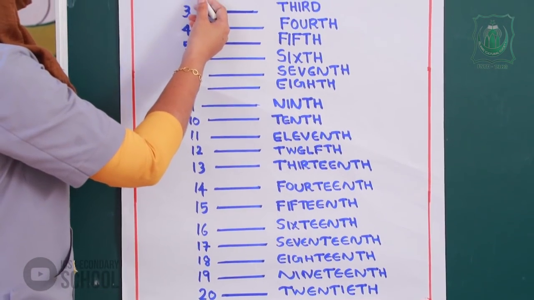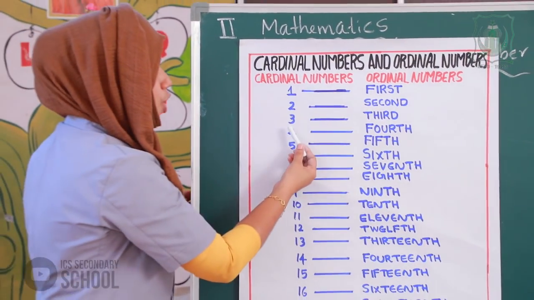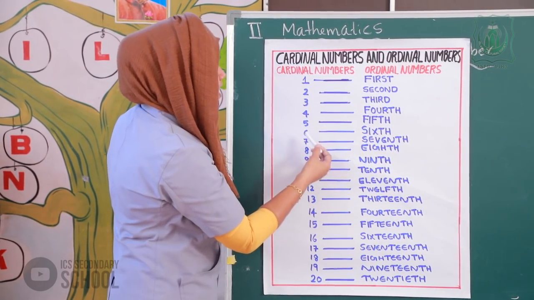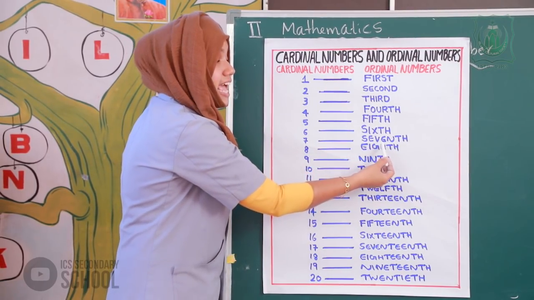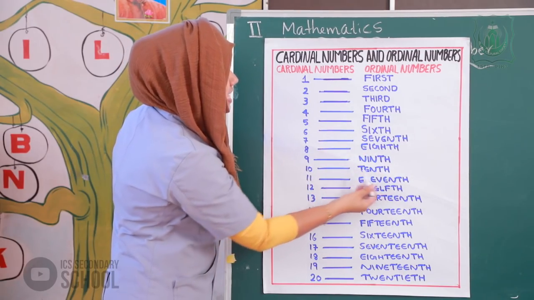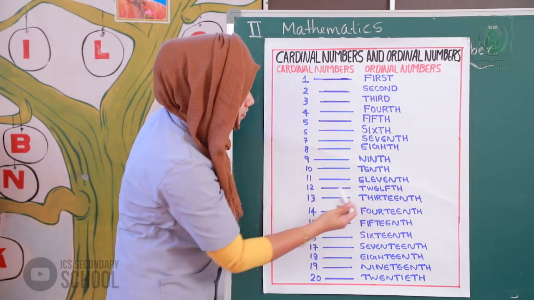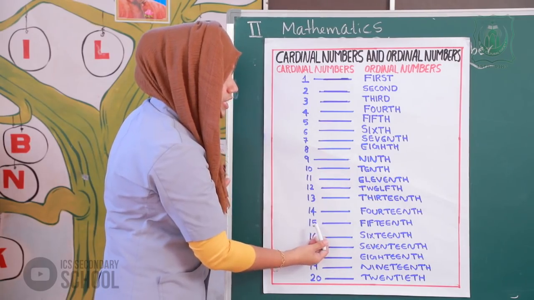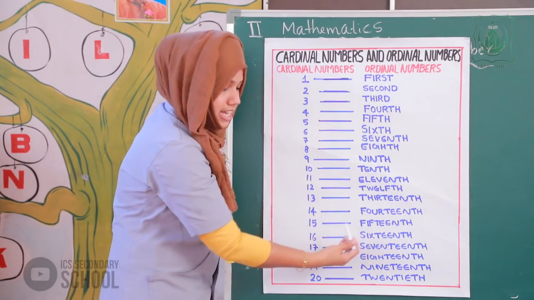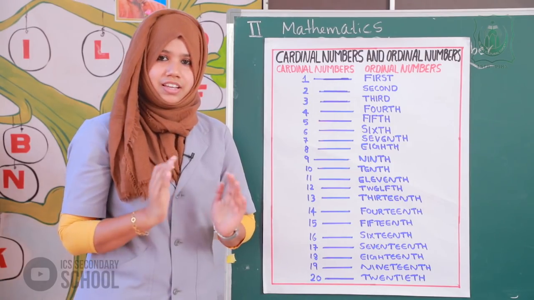So, 1 is first, 2 second, 3 third, 4 fourth, 5 fifth, 6 sixth, 7 seventh, 8 eighth, 9 ninth, 10 tenth, 11 11th, 12 12th, 13 13th, 14 14th, 15 15th, 16 16th, 17 17th, 19 19th, and 20 20th. Okay, is that clear?